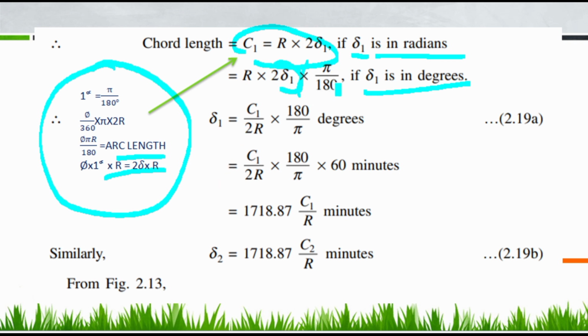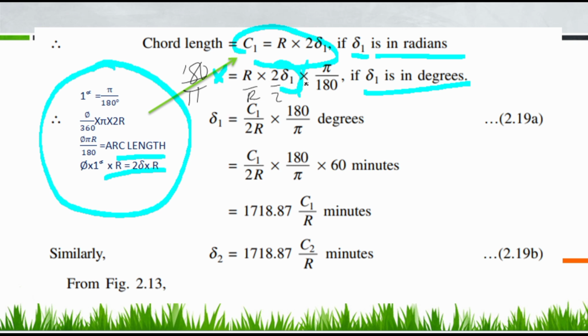By changing this with simple mathematics, I want the deflection angle to remain on one side. So I divide here, and it will be multiplied by 180 over pi. Then R will divide here by R, and by 2 here.